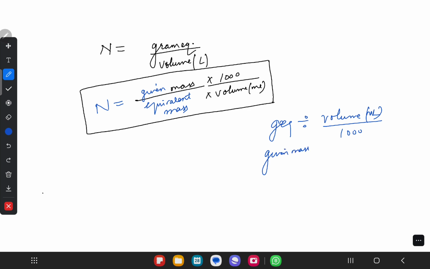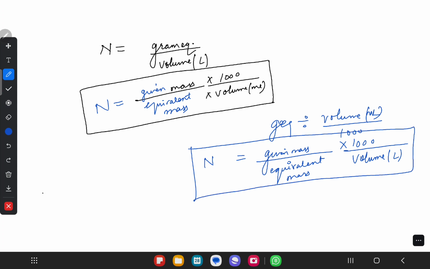And that is given mass by equivalent mass into 1000 divided by volume in milliliters. That is the concept. So that is my final formula.